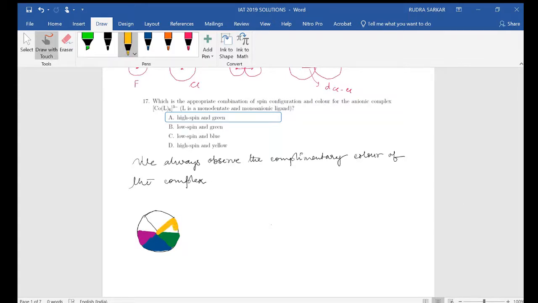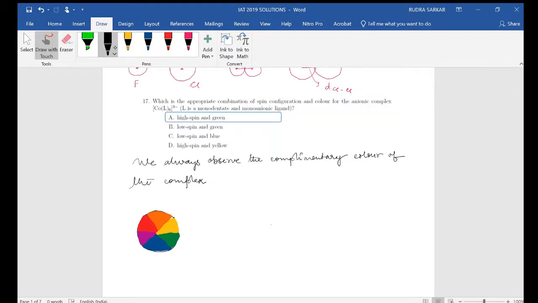That means something that looks violet is absorbing yellow color. Then it will be followed by orange color, which means something that is looking orange is absorbing blue color. And finally we will have the red, which is obviously this one. So this is our color wheel, and that helps us to remember the complementary colors.